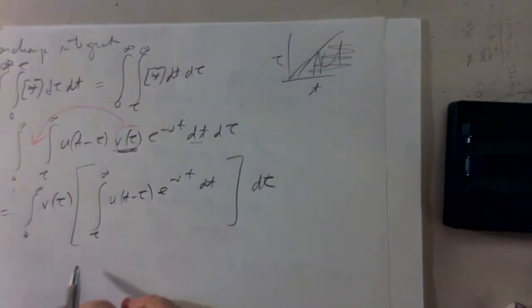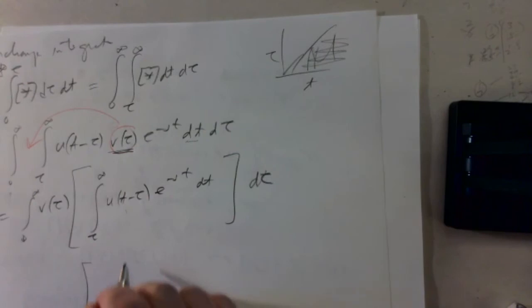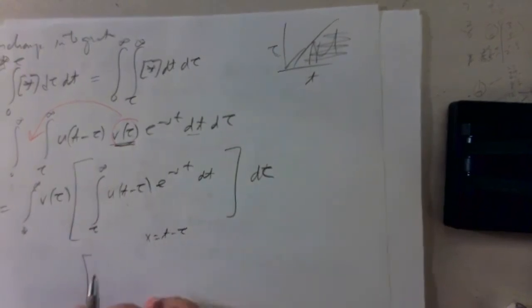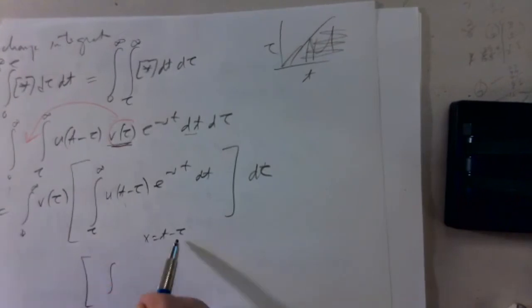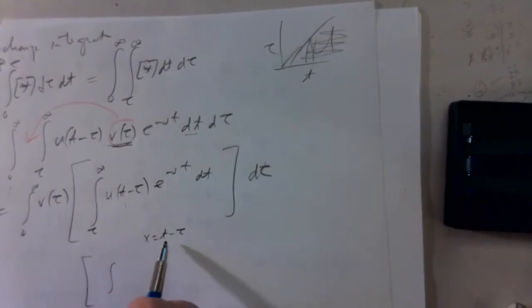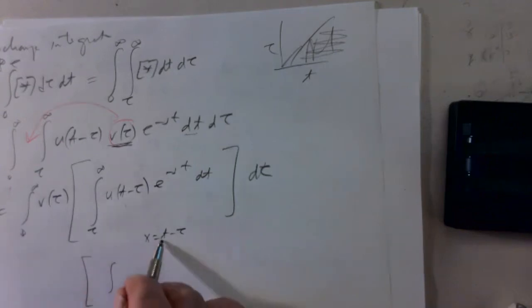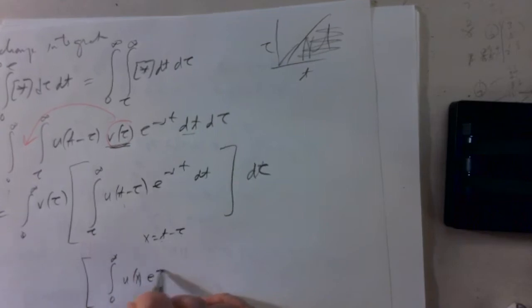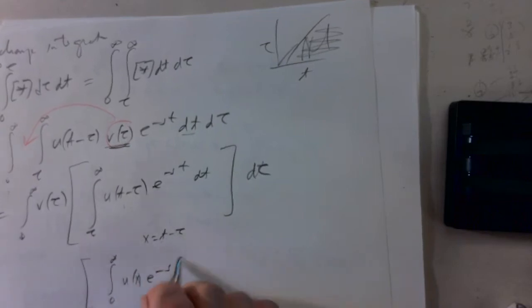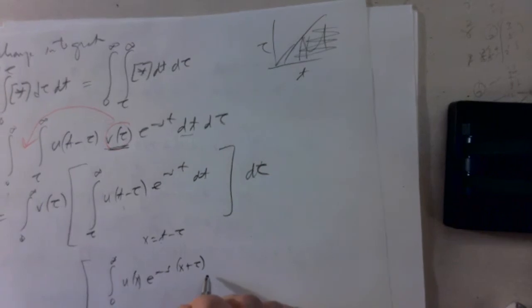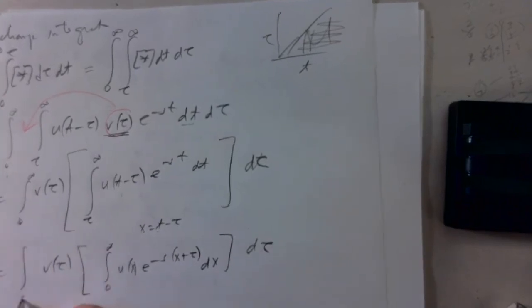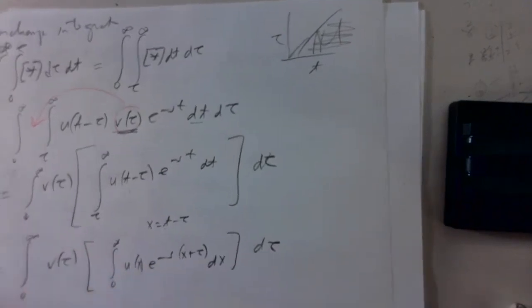In this, if I change variables, suppose I let x equal t minus tau, this becomes the integral, when t is equal to tau, from 0 to infinity, u of x e to the minus s, x plus tau, dx, d tau, v of tau, integral from 0 to infinity.